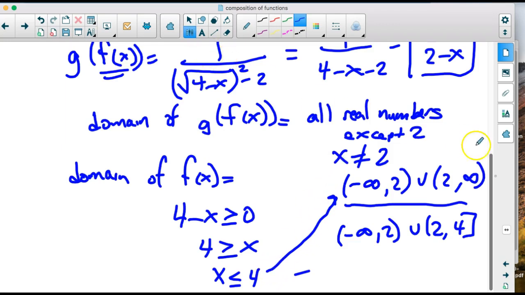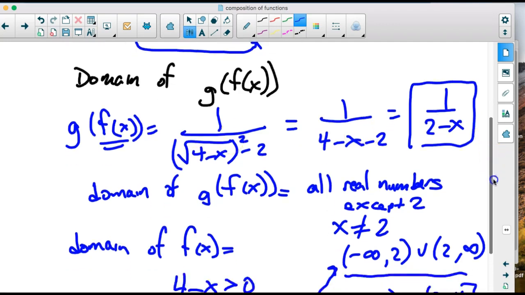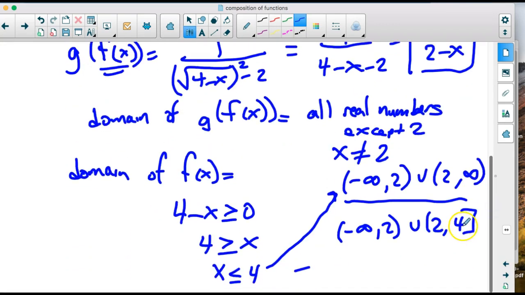If we try to put 10 in here, 10 works here, but it doesn't work in this function, and this is really the original function right here before we simplified. If we put 10 in here, we'd get negative 6. We can't take the square root of negative 6, so it's not possible. So we have to stop at 4, because that's what the domain of the inside function tells me. It's a composition of the inside function and the whole function. So this is my answer to that problem.